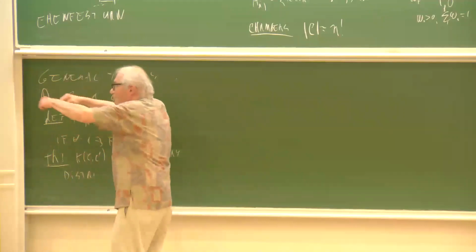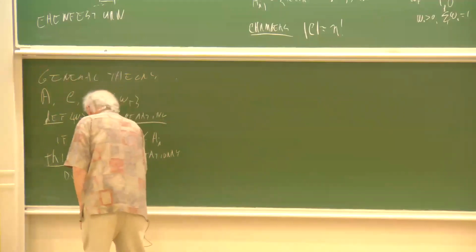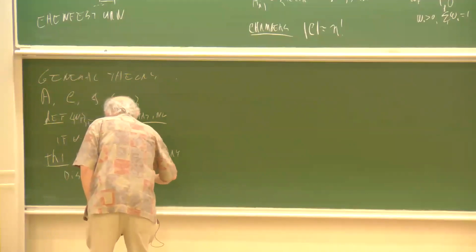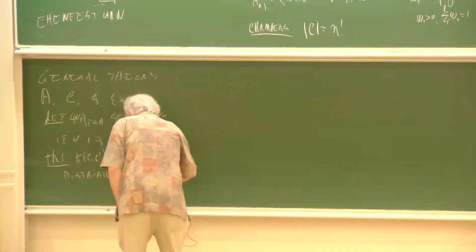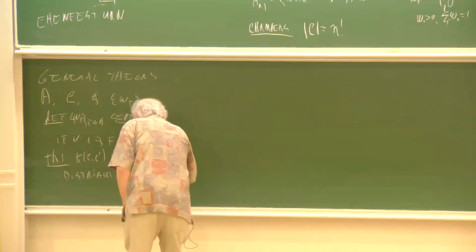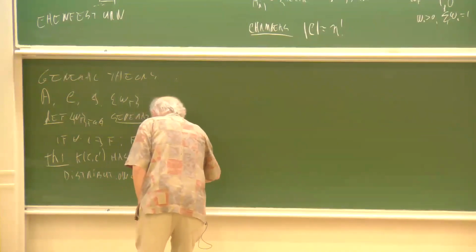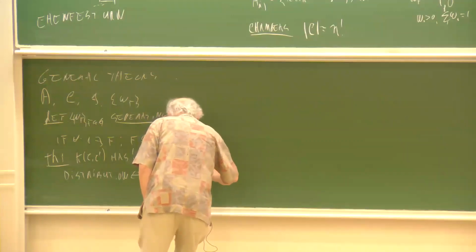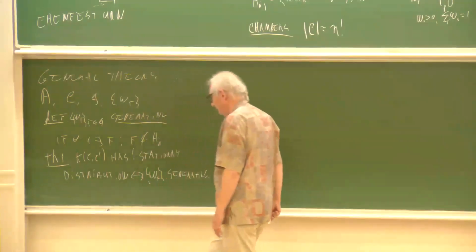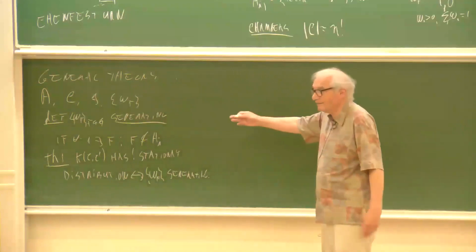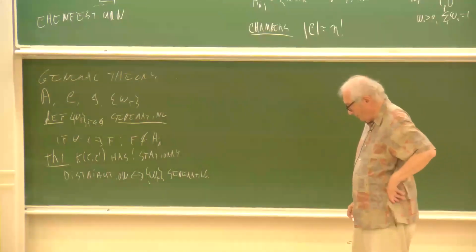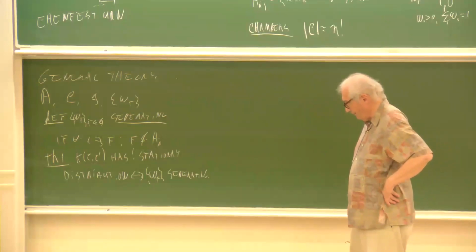So you keep shuffling, you converge to a well-defined limit, if and only if the face weights are separating. And okay, so it's a mild condition, and then there's a well-defined limit.